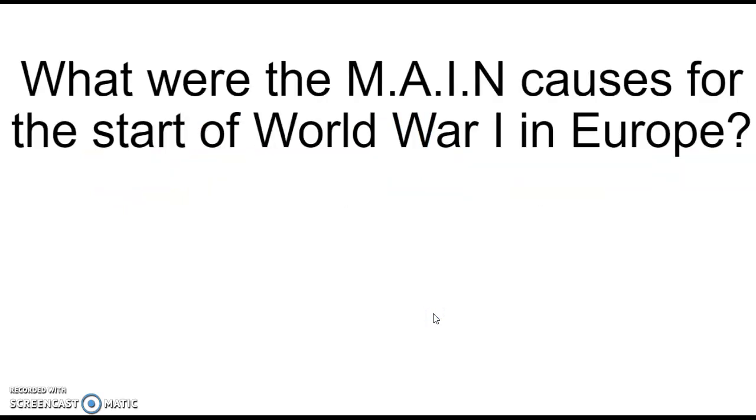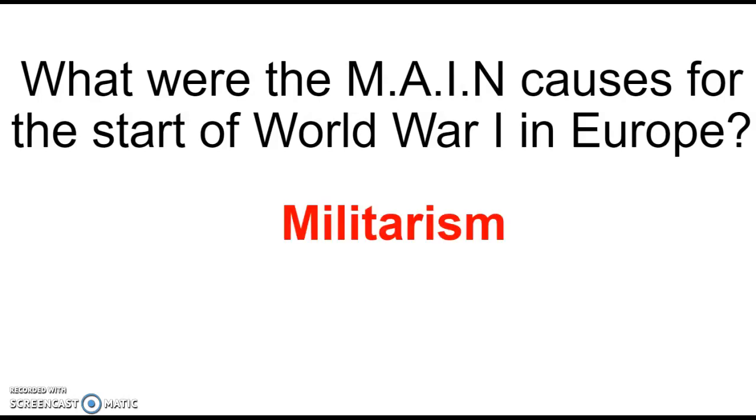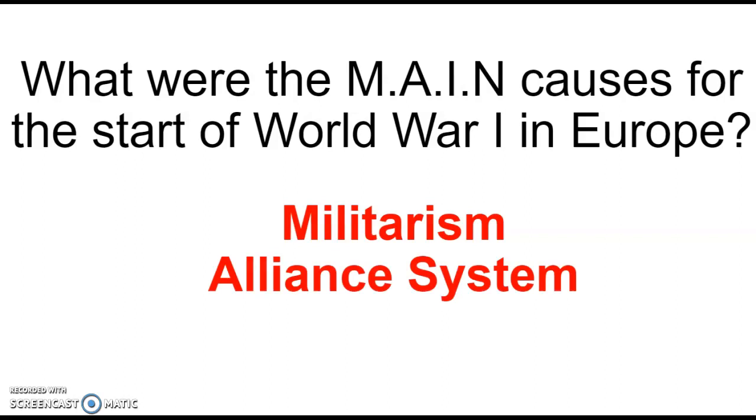and specifically the main causes for the start of World War I in Europe. So militarism stands for the M in main, meaning that there was a buildup of militaries in countries in Europe. The alliance system, where countries, sort of like picking your players for dodgeball or baseball or whatever sport you're playing, pick the ones for their team that they think will help them win.